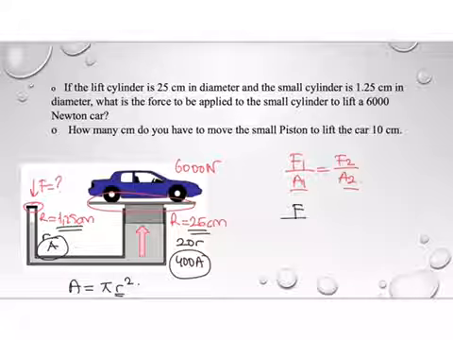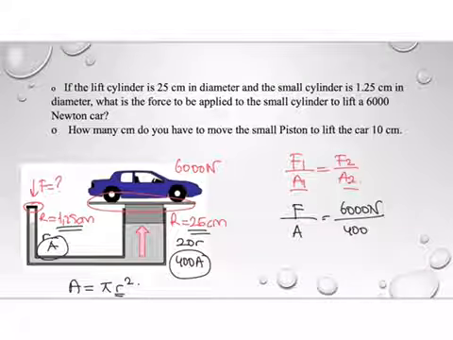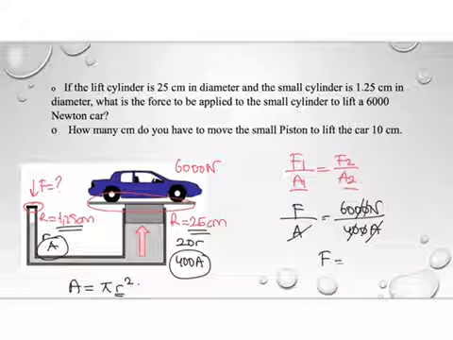So F over A should be equal to 6,000 Newton over 400A. A cancel each other, zeros go, so the applied force should be equal to 15 Newton.